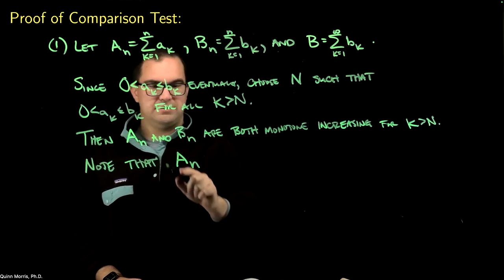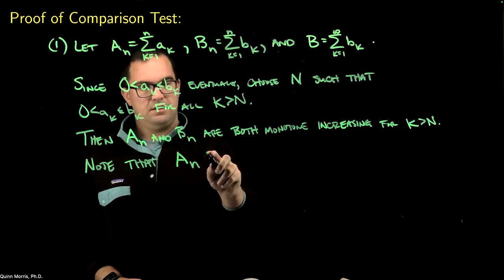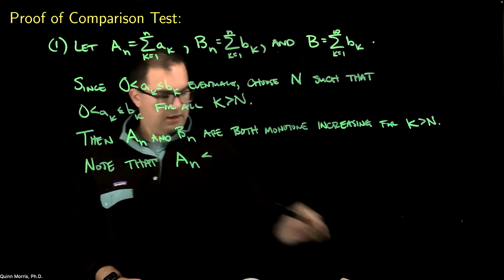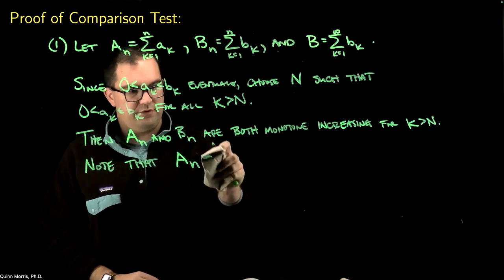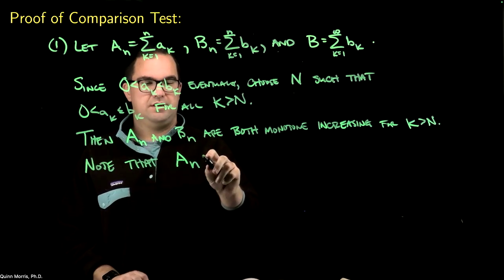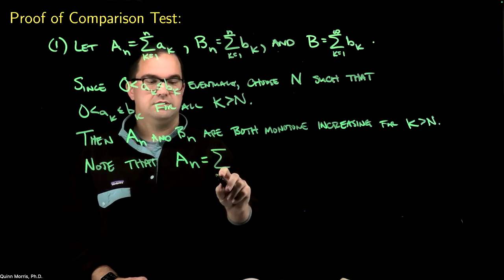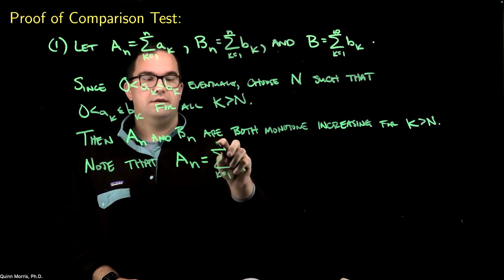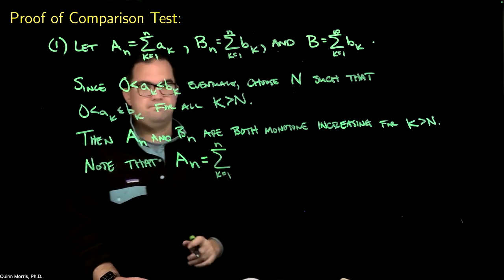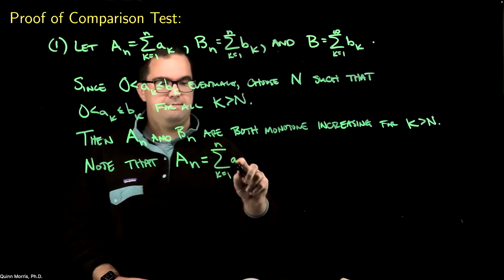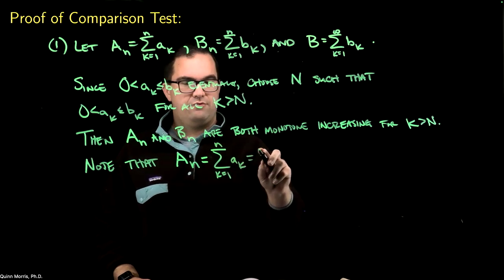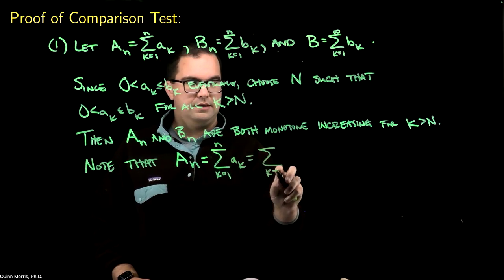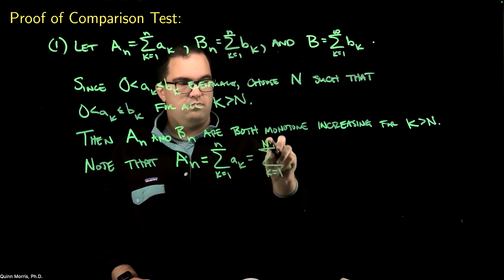So what I'm going to do is first write A_n as just equal to the sum k equals 1 to n of A_k. And I can break this up.